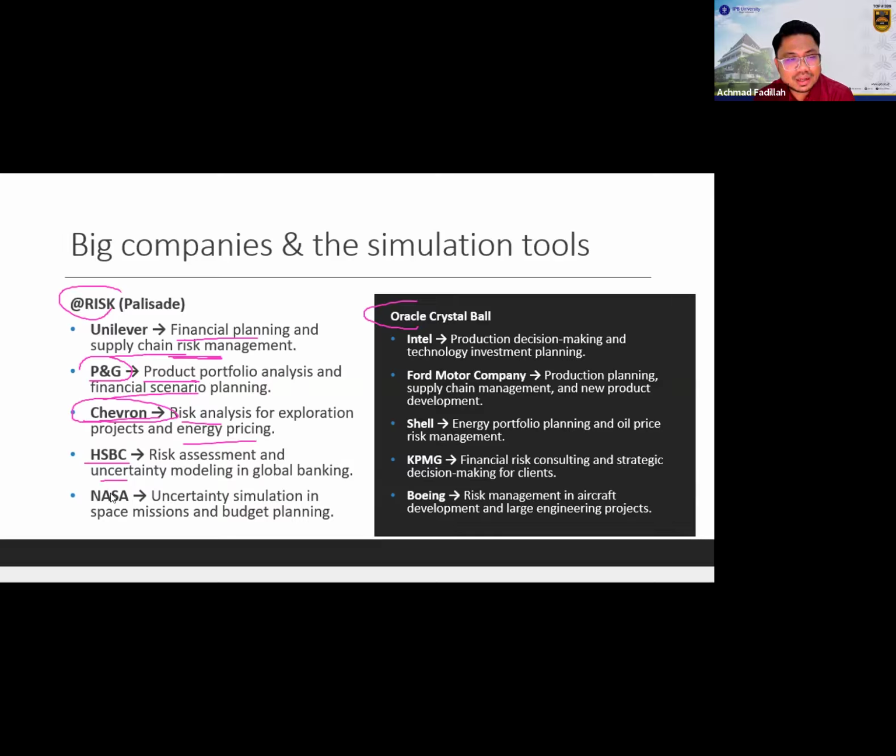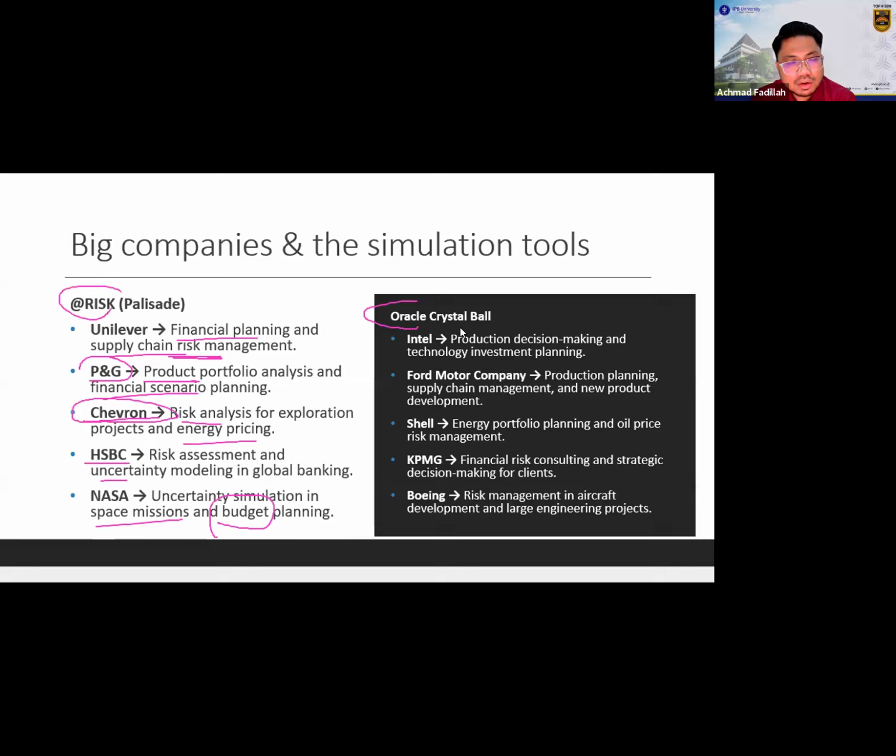You need to invest quite a large budget here for a space mission, so you need to simulate and even calculate the budget. And this is @Risk and their company subscribers.